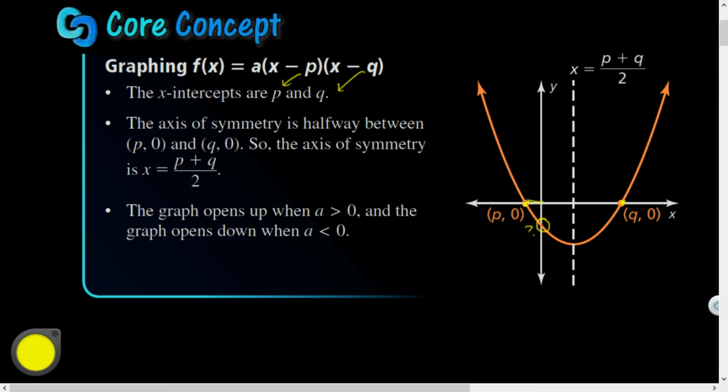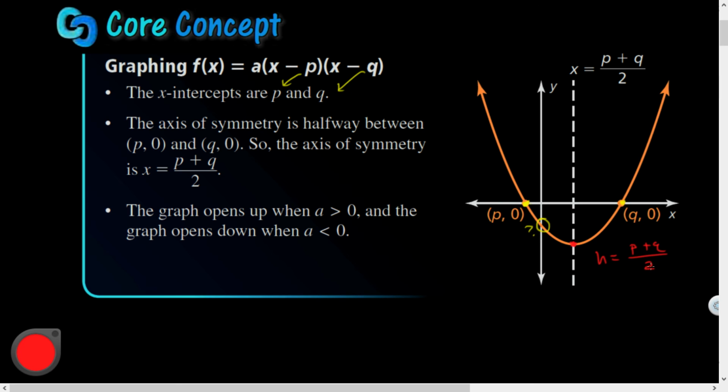But notice halfway between is going to be the x-coordinate of the vertex, which, here's the equation of the axis of symmetry. You could also say that h, the x-coordinate of the vertex, is going to be the average, where you add them up and divide by how many there are. (p + q) divided by 2.